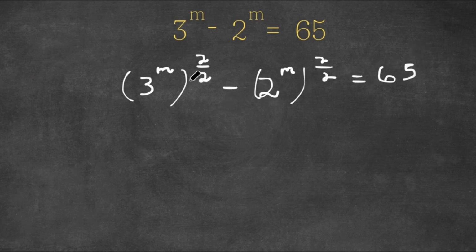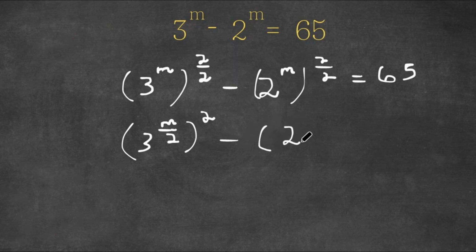Now, I can actually rewrite this as 3 to the power of m over 2 to the power of 2, because these two 2's cancel out anyways, so this is just equal to 3 to the power of m. And I'm subtracting this with the same thing over here, 2 to the power of m over 2 to the power of 2.